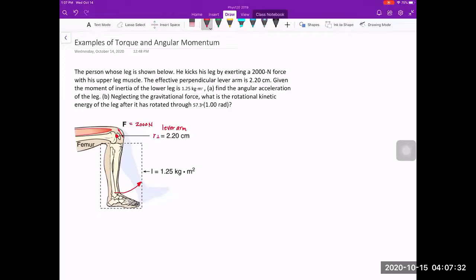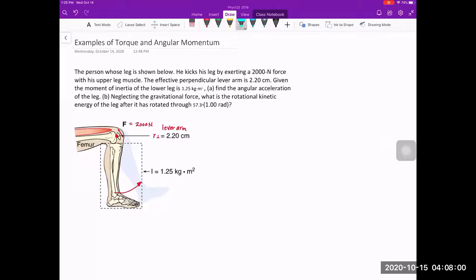Now they give you the moment of inertia of the leg, because this is not a regular shape, so doing this calculation is not possible. Just giving you the dimensions would be too complicated, but this number is given to you. We want to find the angular acceleration of the leg.